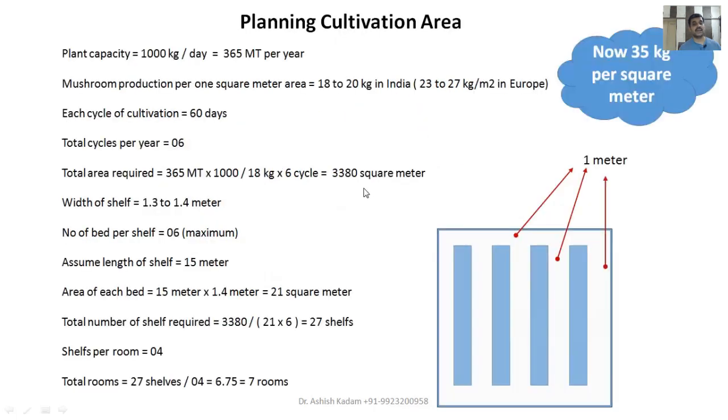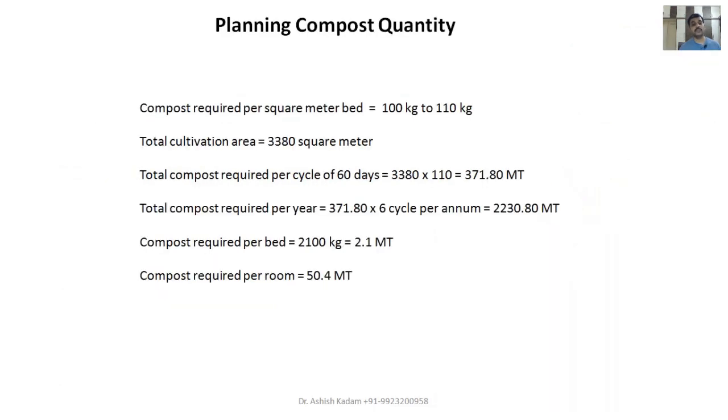Now we have seen in the last slide that we are going to have 3380 square meters of area. To fill up this much area, how much compost will you require? It is just a simple multiplication. If you do this multiplication, we will get the total quantity of compost you will require for all the 7 rooms for one cycle.